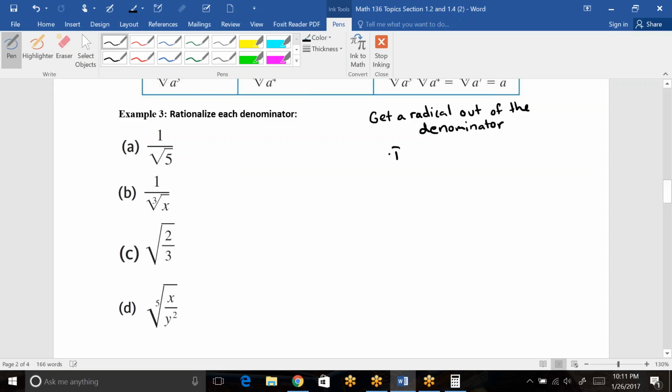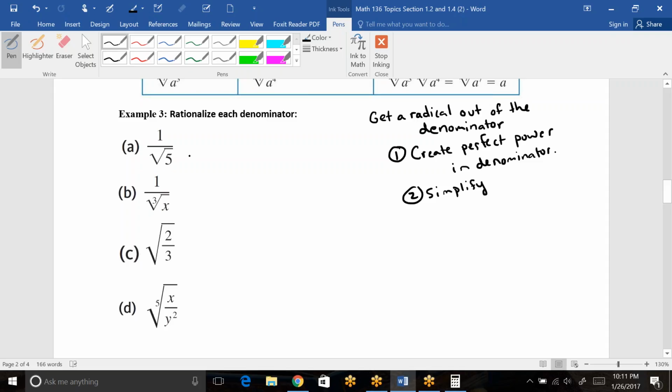Well, the way we do it is we create a perfect power in the denominator. And then we simplify. So what I mean by creating a perfect power, a lot of students remember rationalizing and they'll say, oh, you just always multiply by whatever's in the bottom.